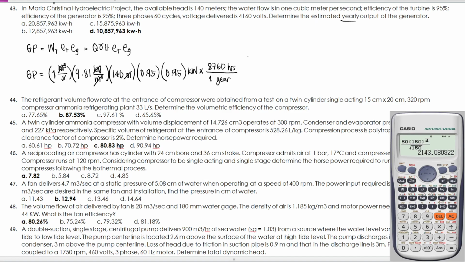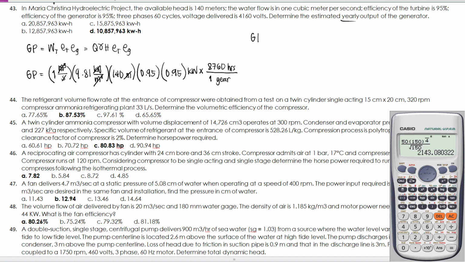Okay? Kompleto, walang labis, walang kulang. Let us assume na yung hydroelectric power plant na to ay 24/7 sa buong taon nag-ooperate. Okay? Ayun. So, kaya yung buong number of hours for 1 year ang ating pinansin.